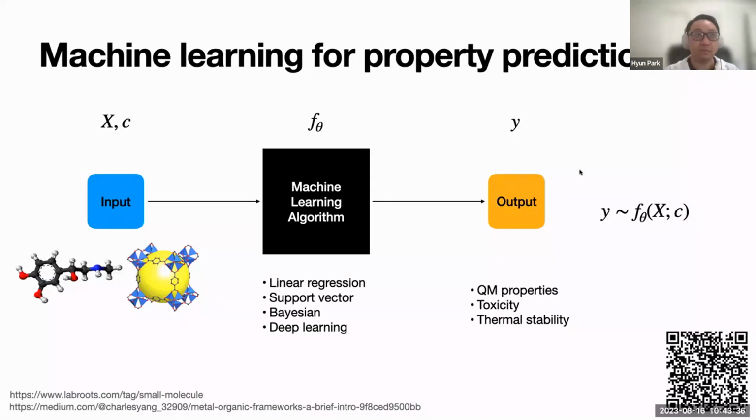And x is the input, and the condition, which is usually optional, is something you add when you want to include extra information, such as predicting the QM property of a molecule at a given temperature or pressure. Such things can be considered a condition, so that is possible as well.